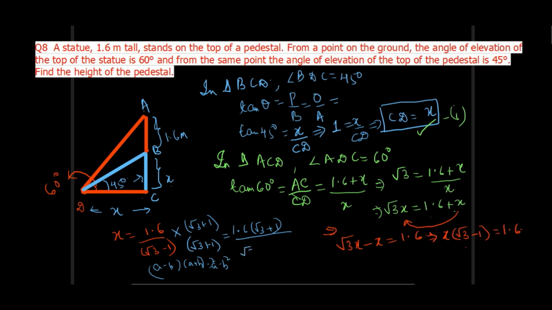So root 3 square minus 1 square, that is 3 minus 1, which is 2. So I'll get 1.6 upon 2 into (root 3 plus 1). 2 cancels with 1.6, so I get 0.8 (root 3 plus 1) as X, which we needed to find.